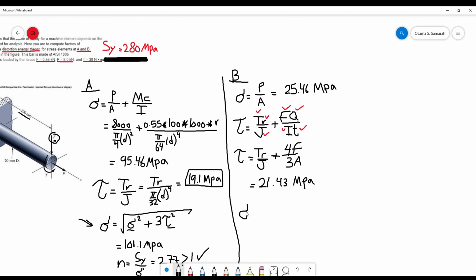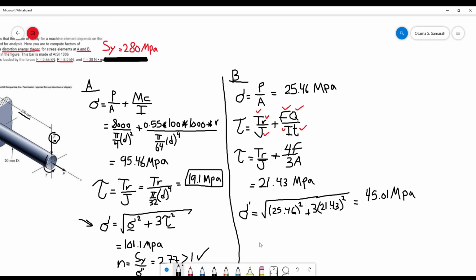So the von Mises stress at point B is going to be the square root of sigma squared, which is 25.46 squared, plus 3 tau squared, which is 21.43 squared. This will end up to be 45.01 megapascals.